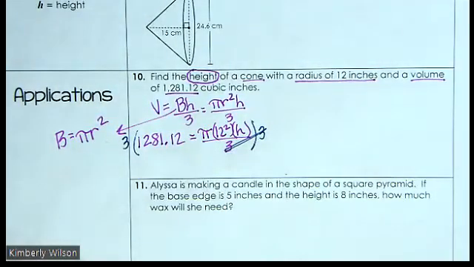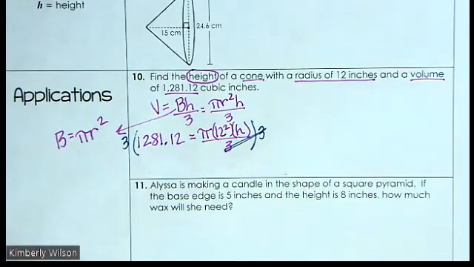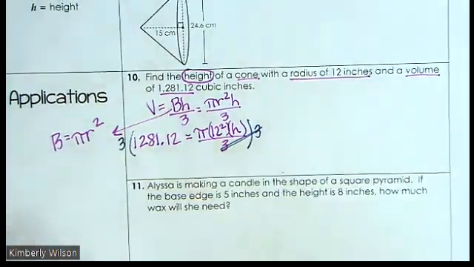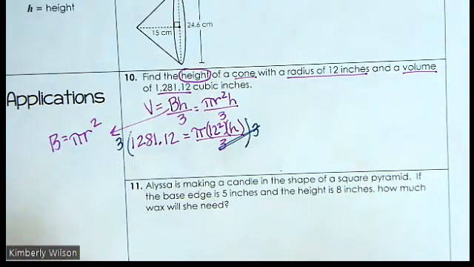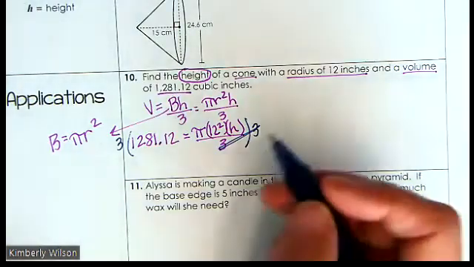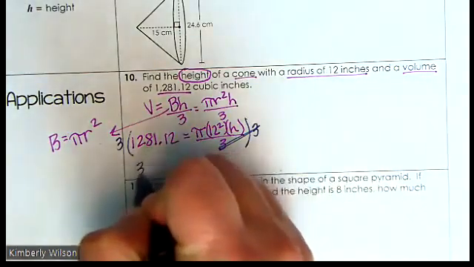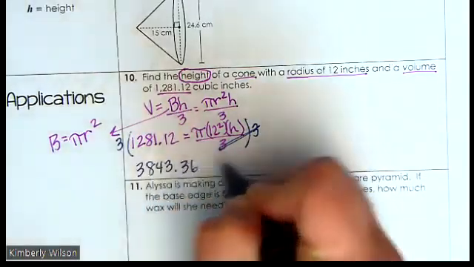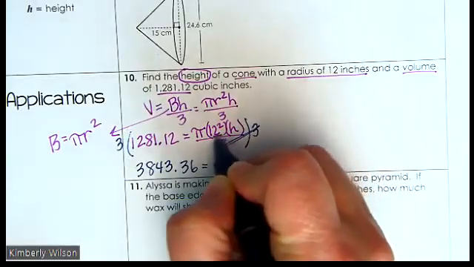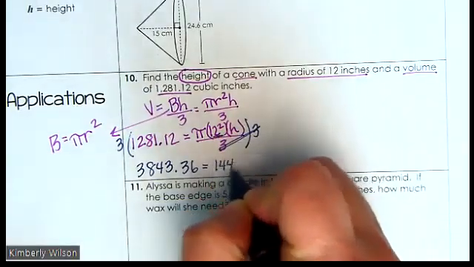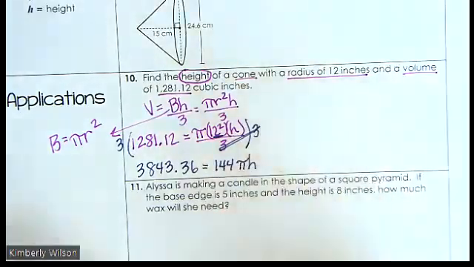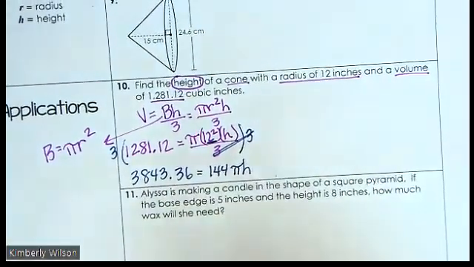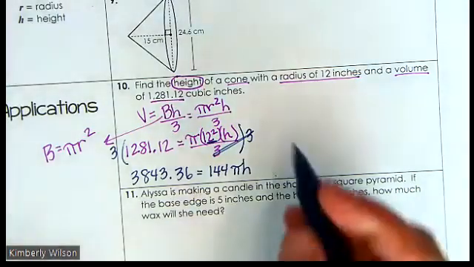So I have 1281.12 times 3, which is going to give me 3843.36 equals, and at the same time I can do the 12 squared, so that's going to give me 144 pi h. Okay, now this is not the only way to work the problem. I want you to make sure that you understand that.